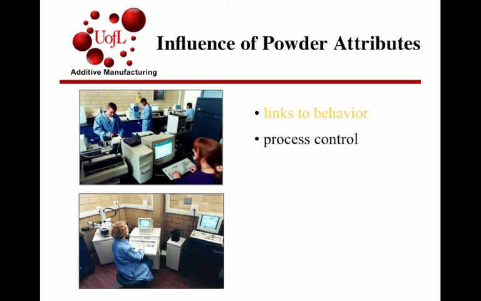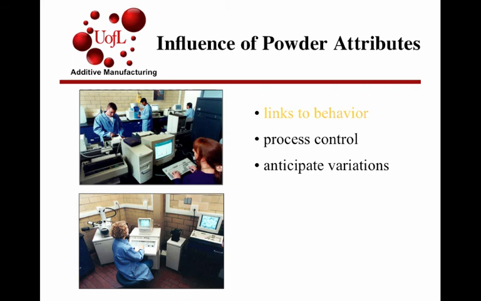It's also important from the point of view of process control. If you had variations in some of these attributes, such as size distribution and so on, outcomes would change. And so process parameters to influence this outcome are going to drift as well.